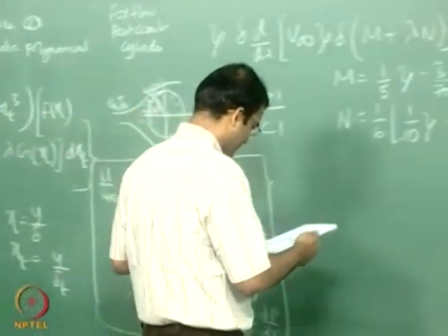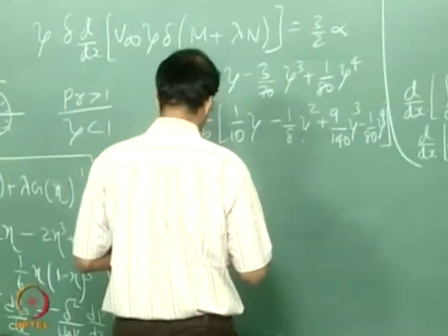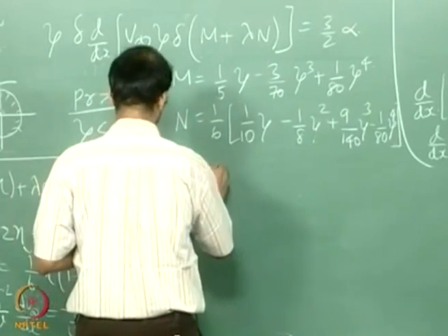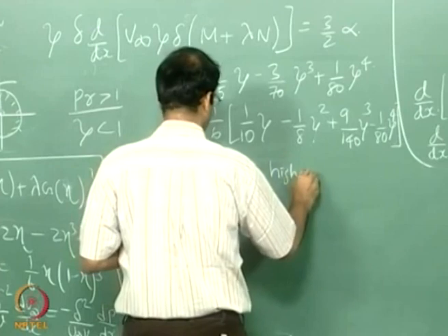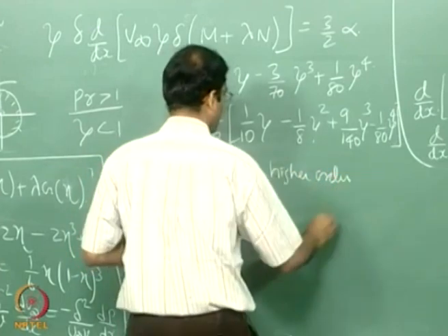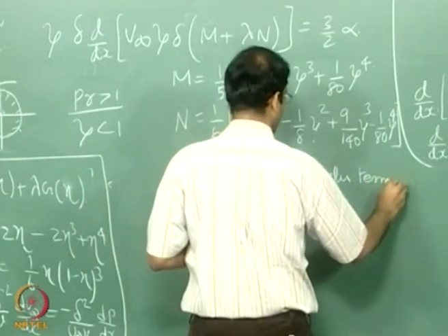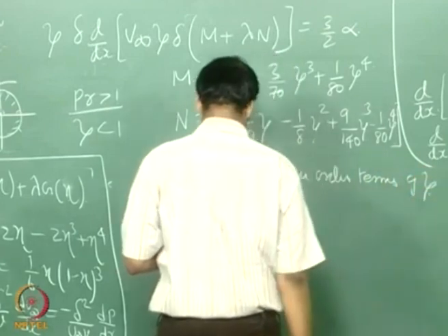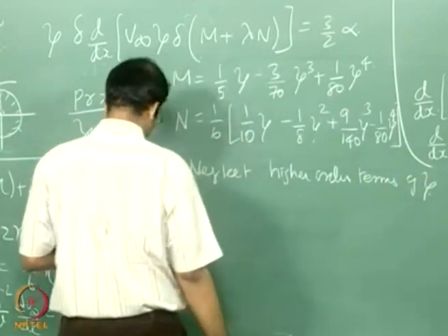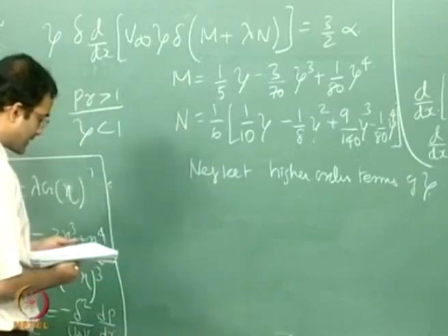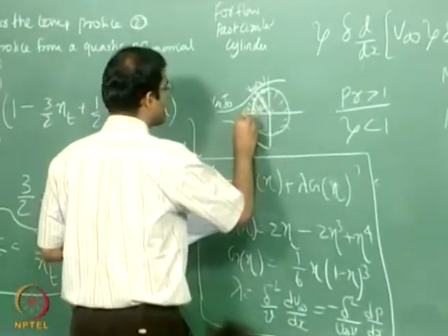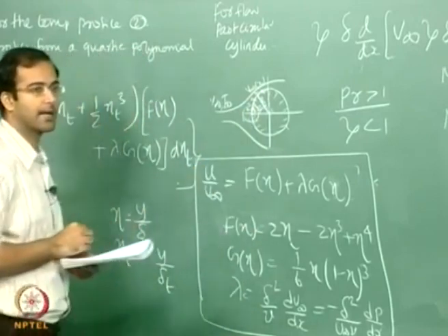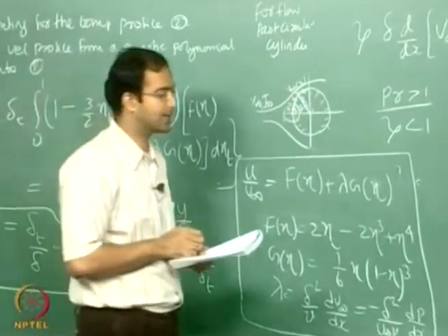Therefore neglect higher order terms of zeta, and also we are interested in the region which is close to the stagnation region. As I said, we want to get an expression for Nusselt number in the stagnation region.